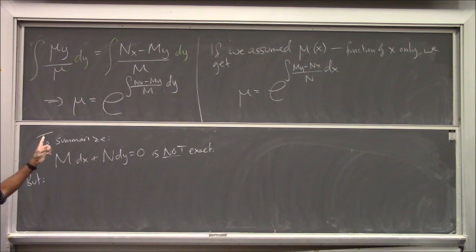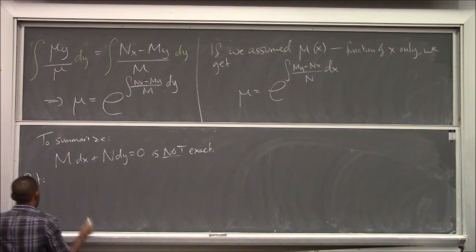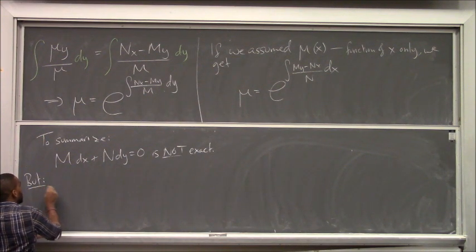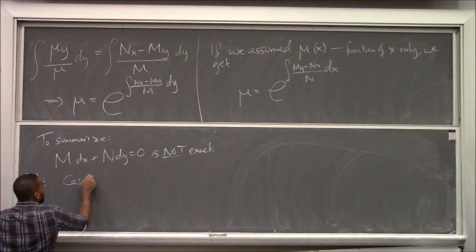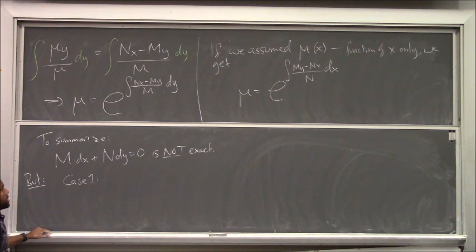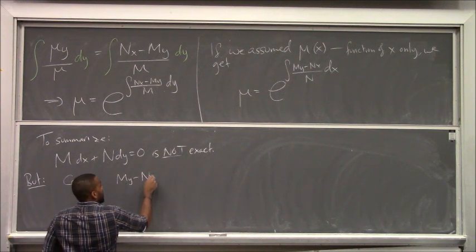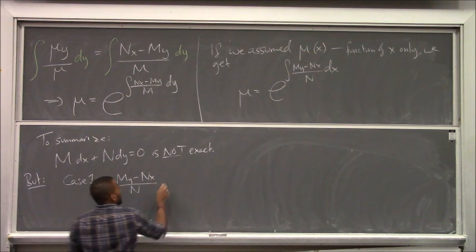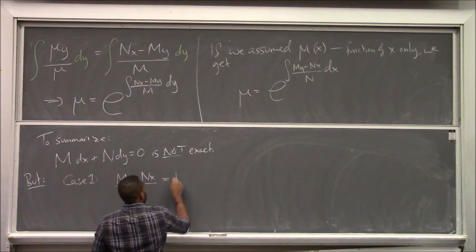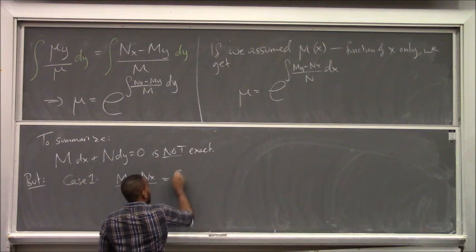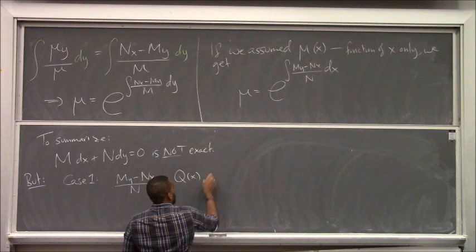These are the only two cases I'd expect you to know. I'm not going to have you worry about the other cases. Let's suppose case 1: you find that M sub y minus N sub x over N is Q of x, a function of x only.